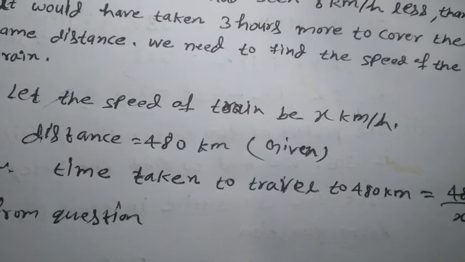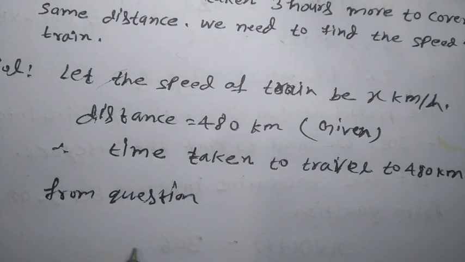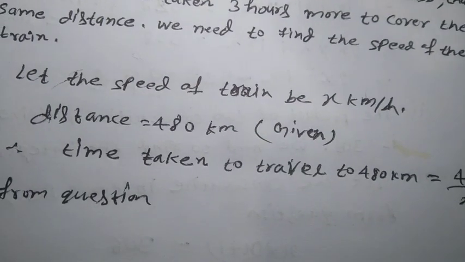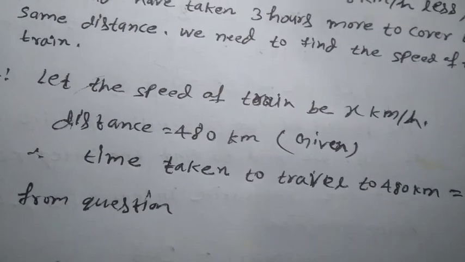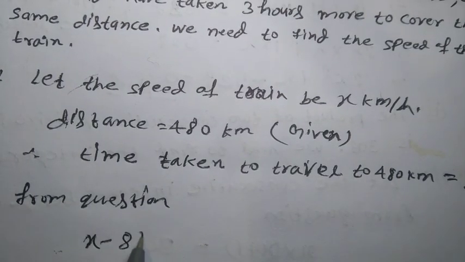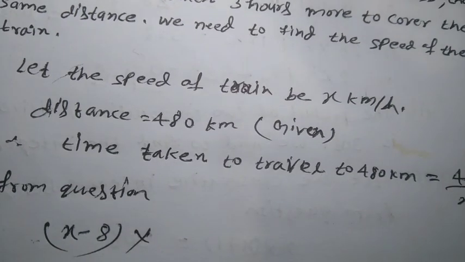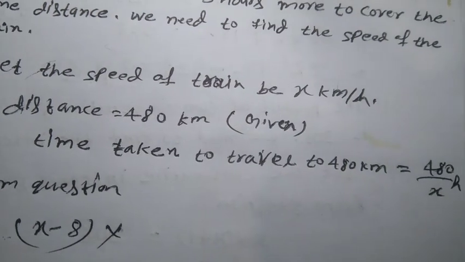The new speed is 8 km per hour less, that is x minus 8.